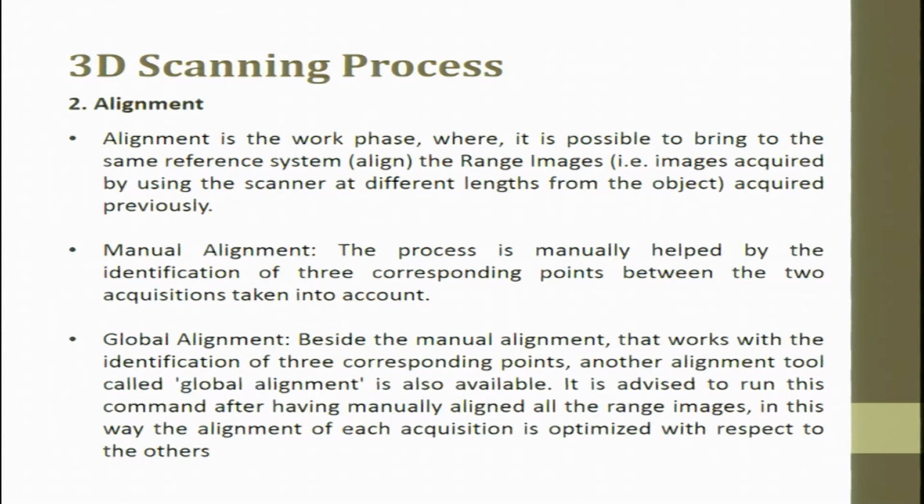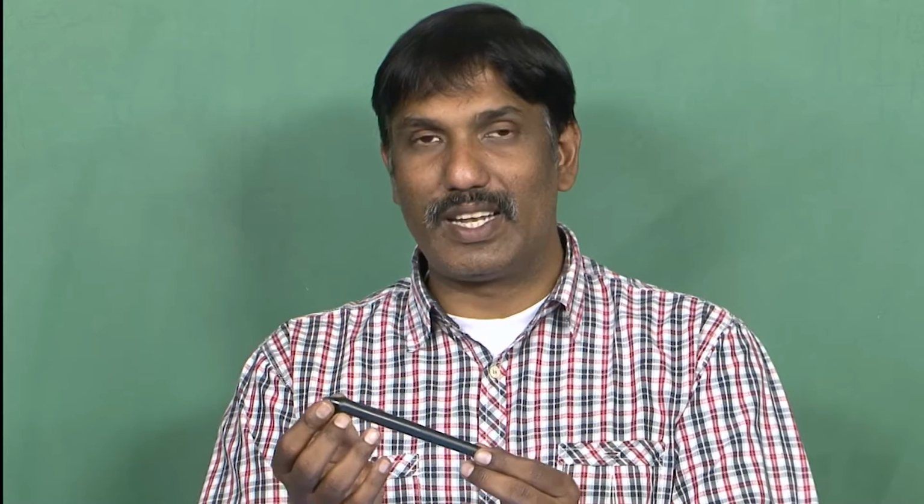Alignment. Alignment is a work phase where it is possible to bring to the same reference system the range images acquired previously. Alignment is something very interesting. Suppose I have an object placed on a plane, and suppose the object is slightly deviated. Then what happens, there is a reference plane, there is an error.